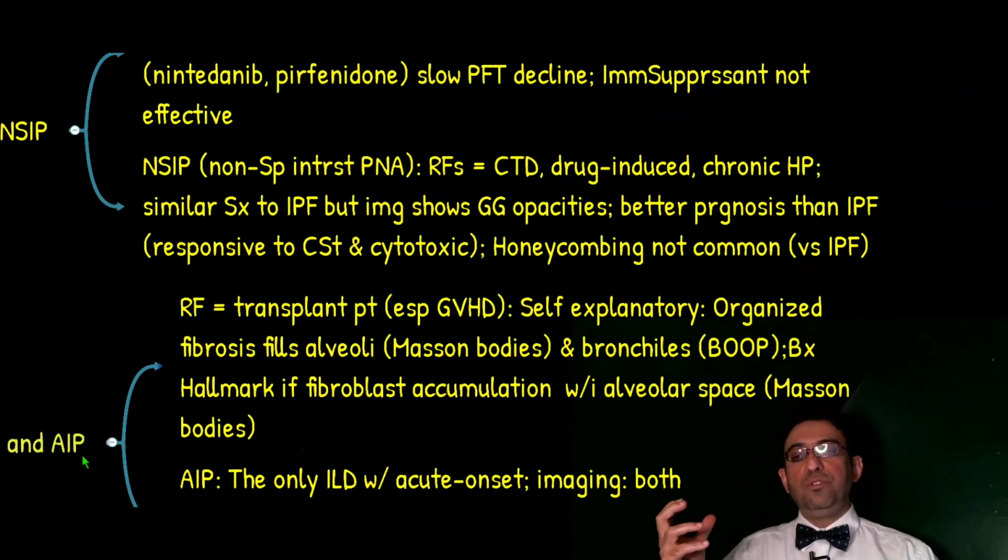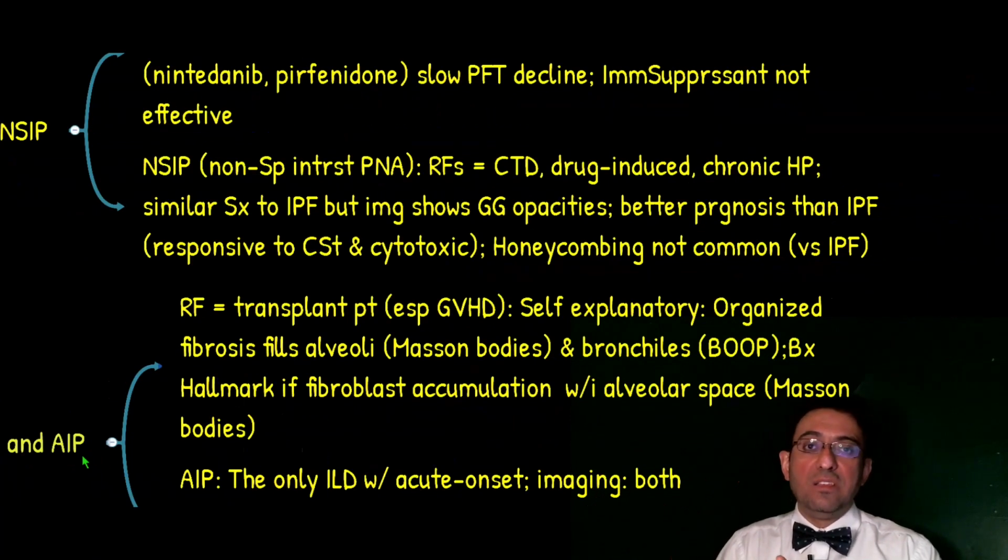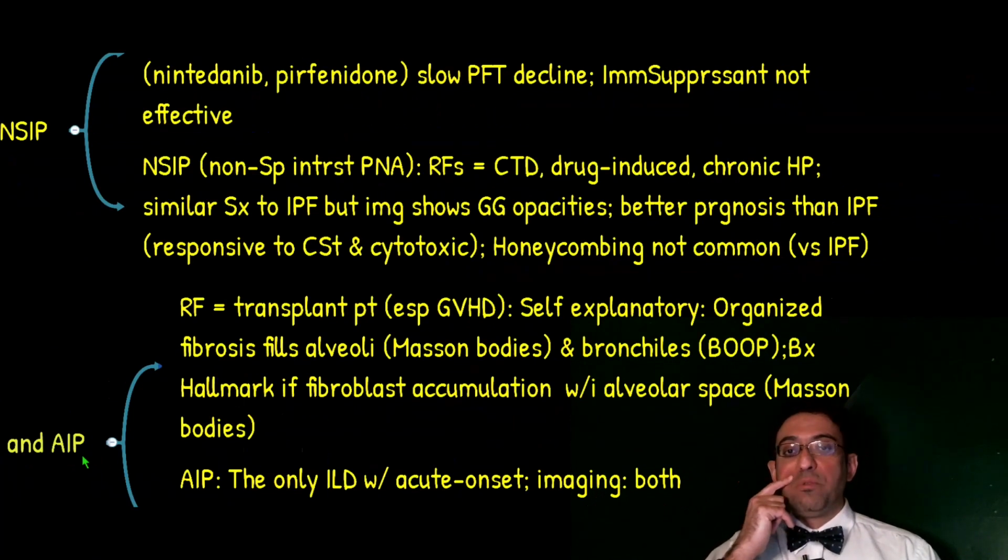So what do you expect to see in the biopsy? The biopsy would report an accumulation of fibroblasts in small airways. This is called Masson bodies. This is the hallmark of this organizing pneumonia, the BOOP or bronchiolitis obliterans organizing pneumonia.